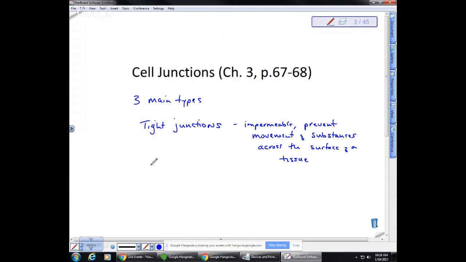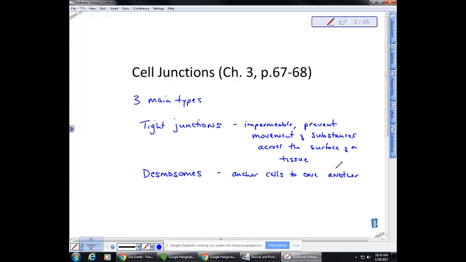The second junction are what are referred to as desmosomes. And desmosomes are like rivets. And so they actually anchor cells to one another. So for example, if we're talking about muscle cells, when a muscle cell contracts, it is connected to other muscle cells, and then the whole group, the whole muscle tissue will contract.